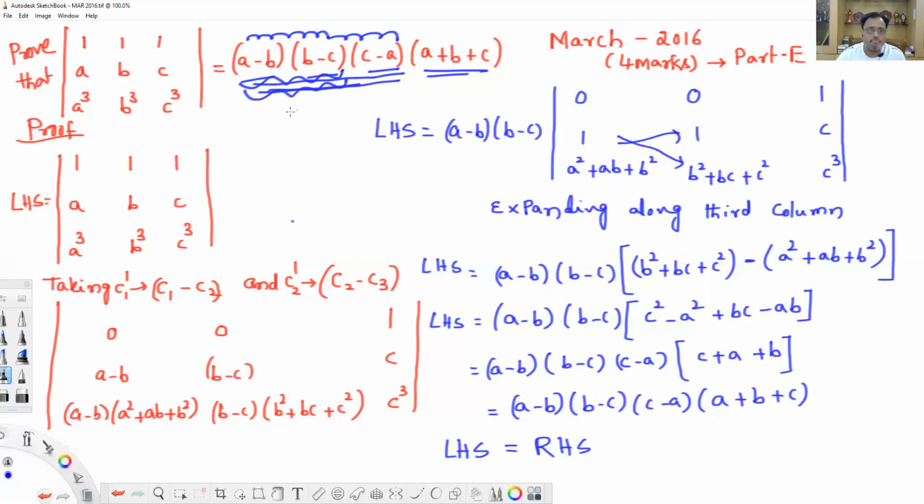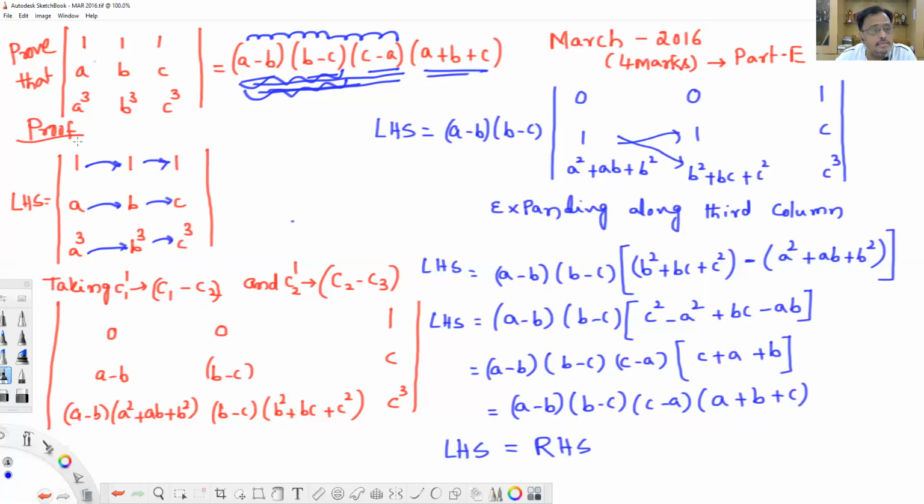So how will they come? I'll go like this. I'll perform the operation C1 minus C2, because C1 minus C2 gives A minus B and A cube minus B cube, so there is a chance of getting A minus B, since A cube minus B cube also contains A minus B. Next I'll go for C2 minus C3.